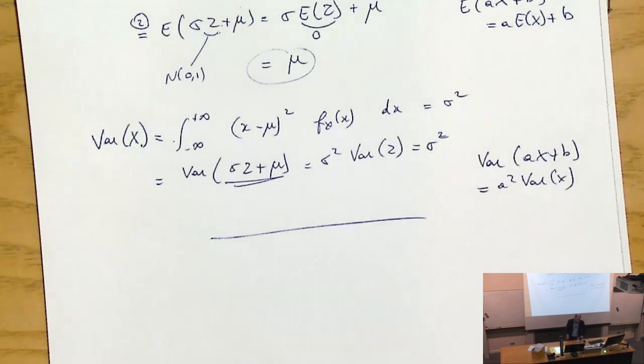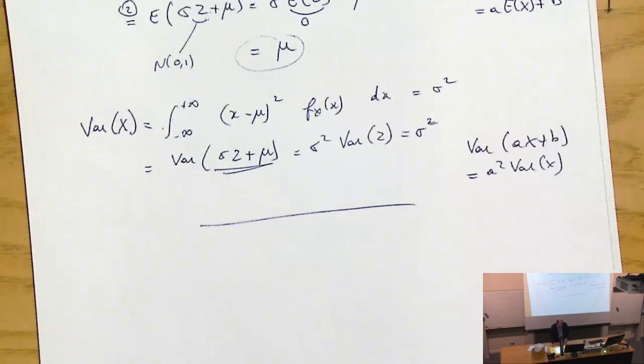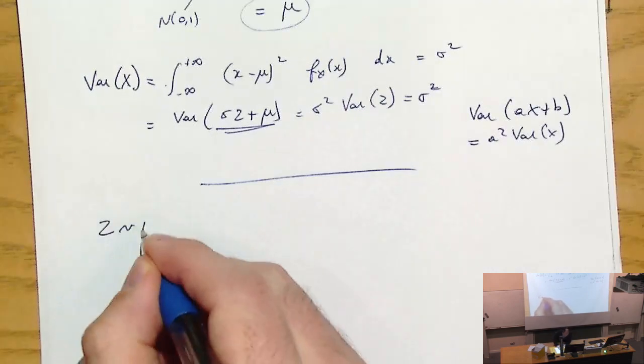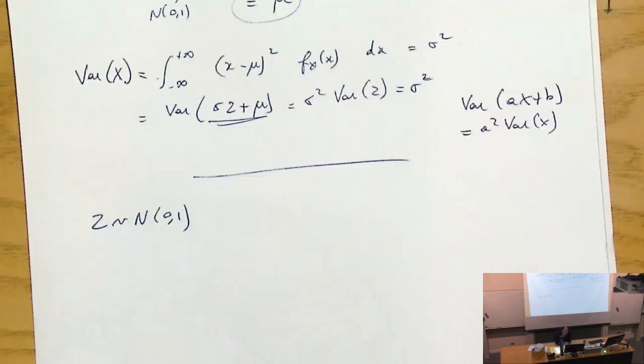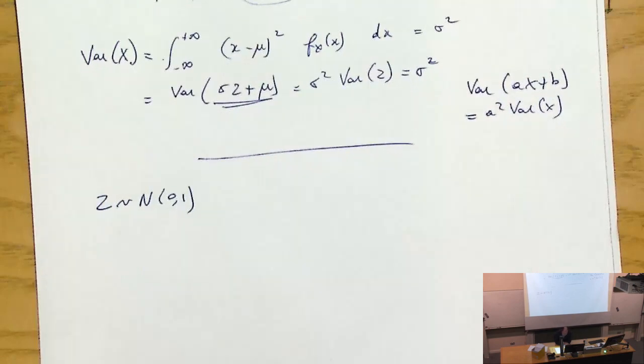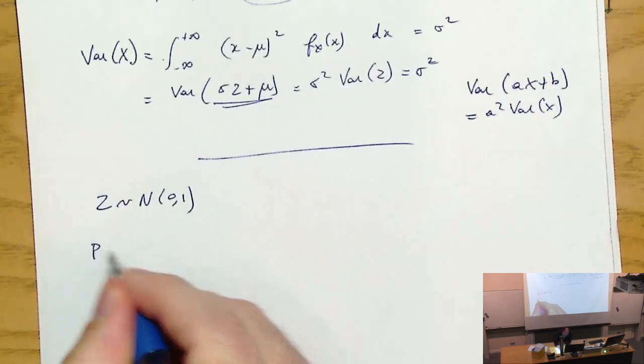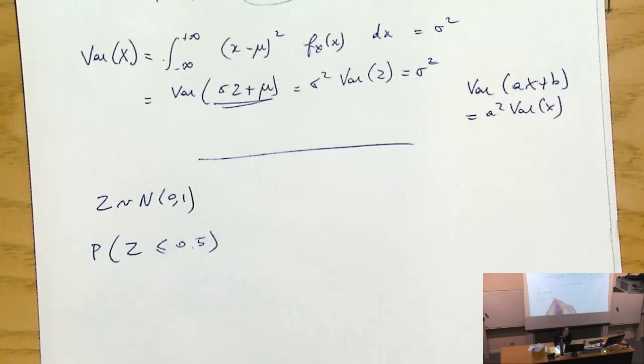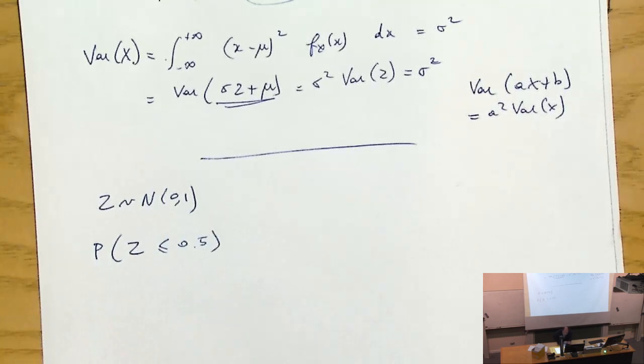Okay, so an important question is how do we compute the CDF of a normal random variable? Let's start with a standard normal random variable, mean 0 and variance equal to 1. And I'm interested in the probability that z is, for instance, smaller or equal to 0.5. So what is this?